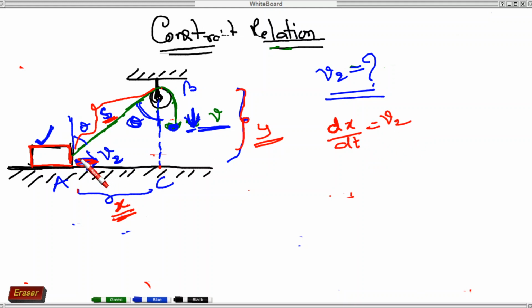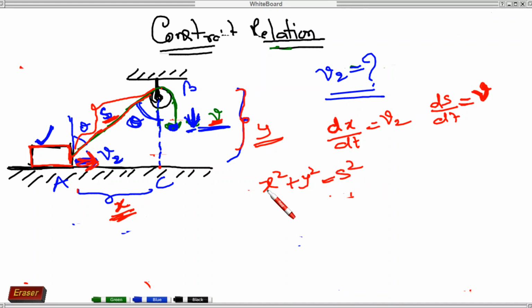And ds over dt will be v. Now let's use the Pythagoras theorem: x square plus y square is equal to s square.